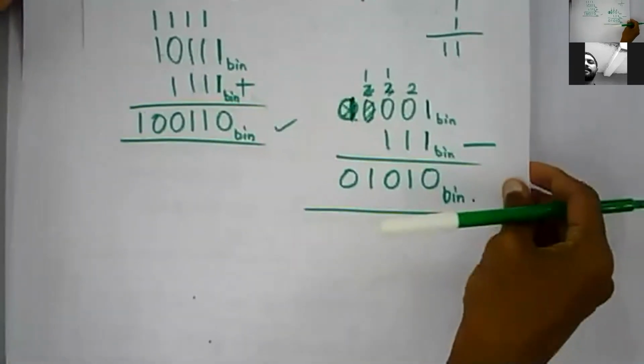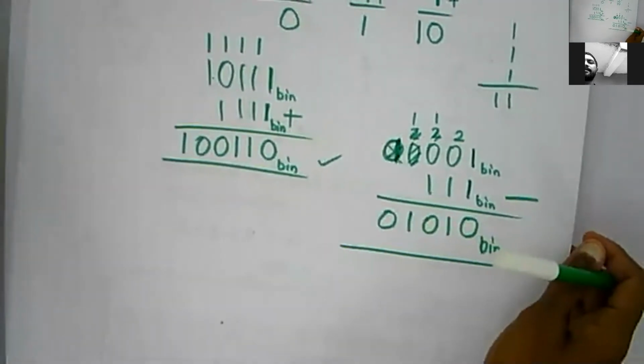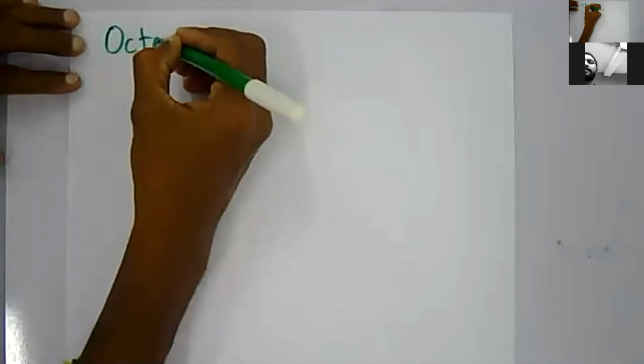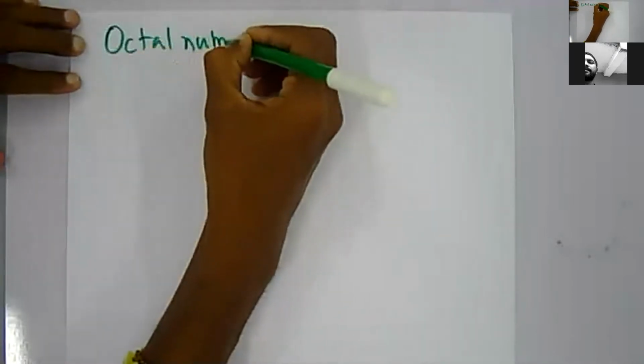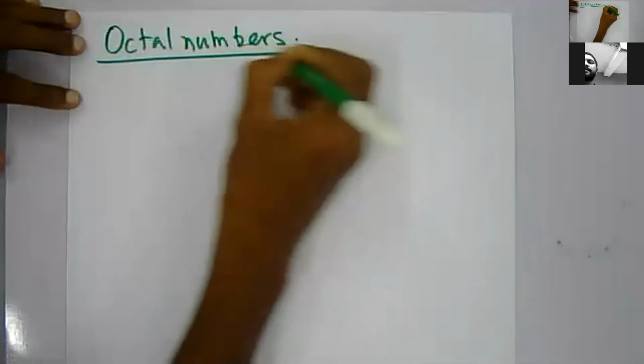Now, let's see, we have another number system, right? Okay, this is binary. Let's see the octal number system. Right?